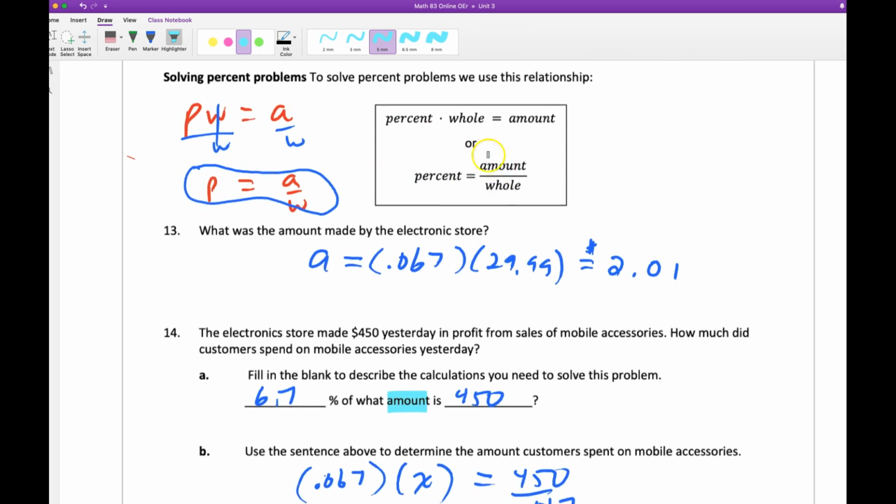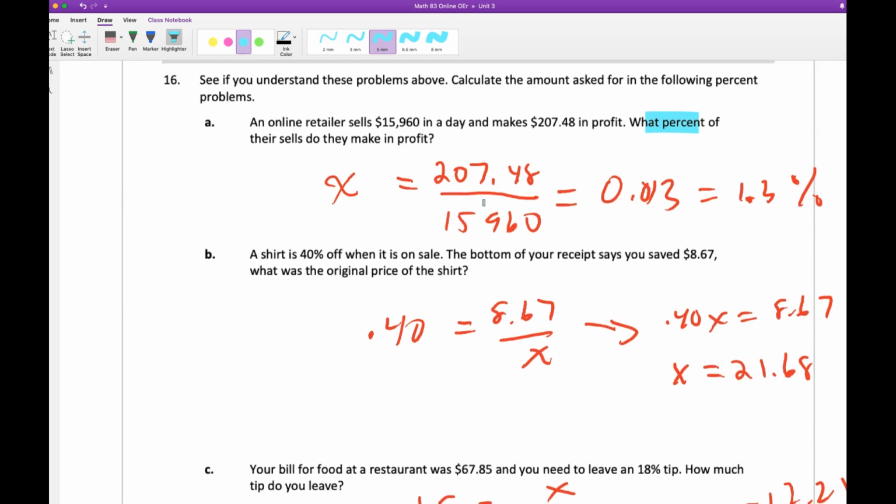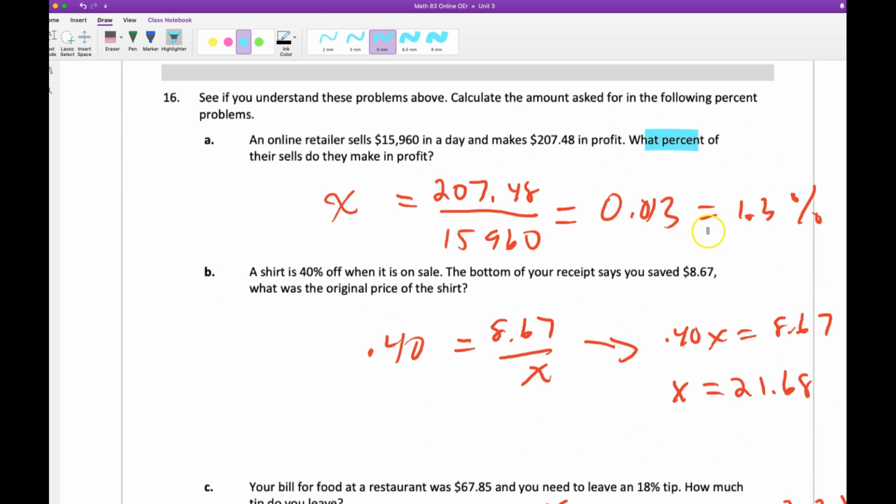So there are two ways to write those equations. Then you end up with this answer, converting the decimal into a percent. 40% off when it's on sale, at the bottom of your receipt. This is the amount, and we're looking for the whole. Again, the whole is going to be bigger than the savings because it's less than 100%. It's 40%.